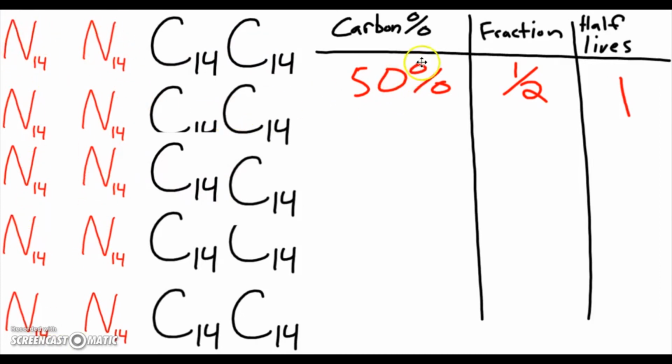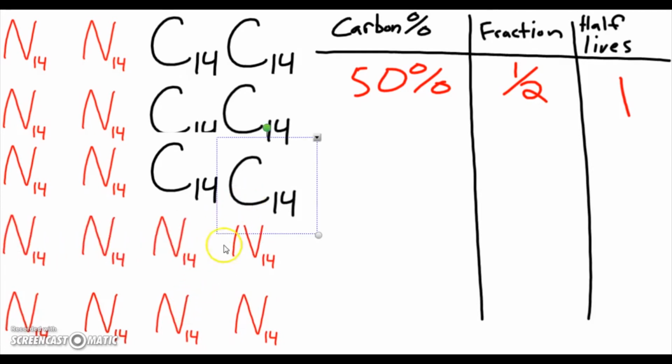Okay, so the carbon percentage is now 50%. That's half in fraction. One half-life has gone by. Okay, now over the next 5,400 years, half of the remaining carbon also flipped into nitrogen-14.